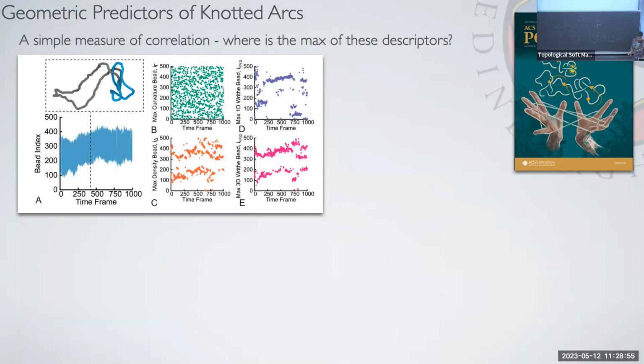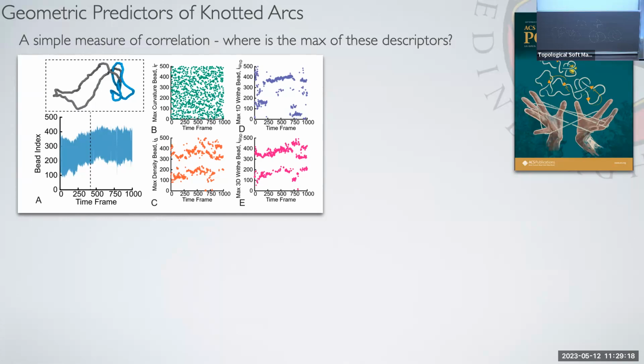So then we asked, what's the correlation between the maximum of those functions and the position of the knot? We used Chimonot, Luca's software, to identify the shortest knotted arc, which Luca and Christian developed when he was in Christian's lab. This shaded region is where the knot is localized for this particular conformation.